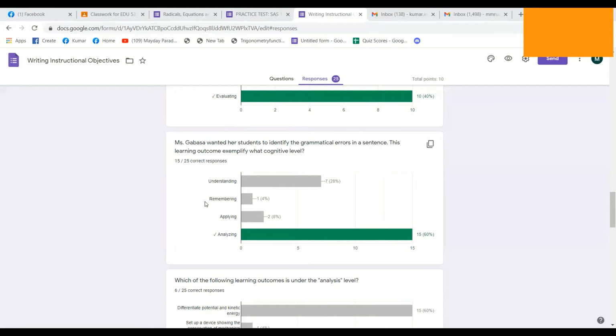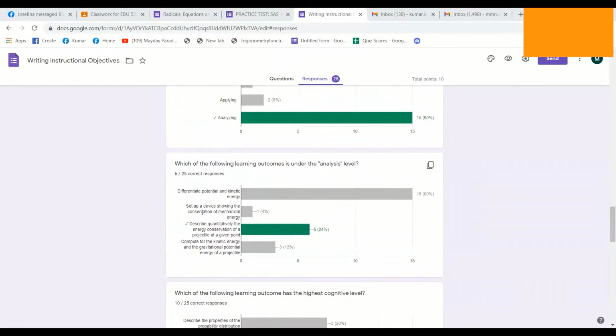So that is analysis. Analysis is breaking into parts. It's not applying because you did not apply something here. It's not remembering because it's not a factual recall. It's not understanding because there's no interpretation here. So it belongs to analysis level.